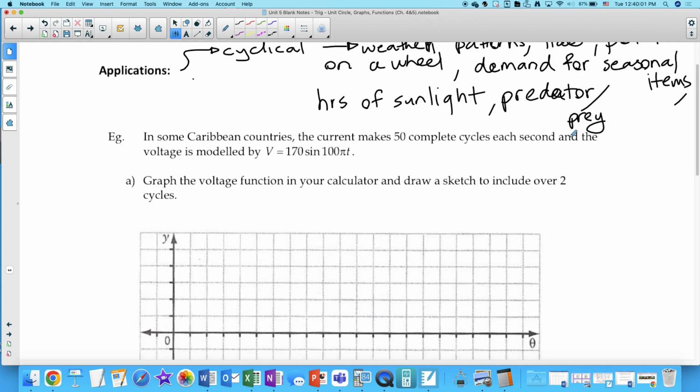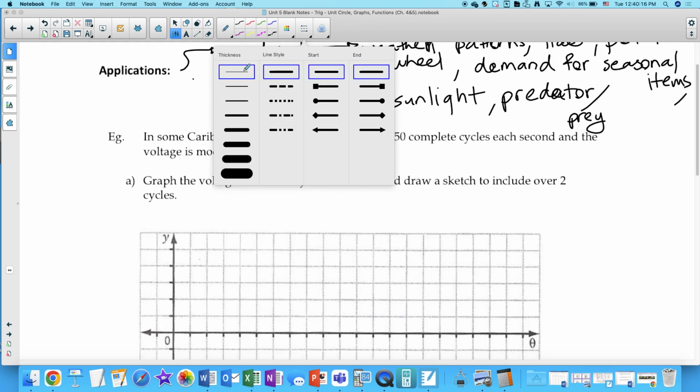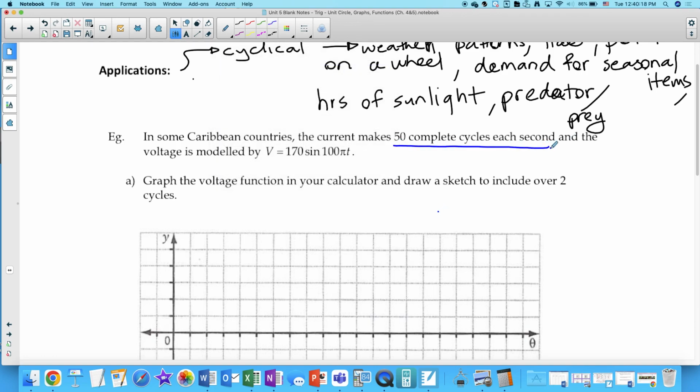So that's one piece of analysis that I'm going to do. And then the other piece is to get the Y window settings, I need to think about the minimum and maximum values. Okay? So first thing I see is this. 50 cycles in a second. So if you get 50 cycles in 1 second, how long is each cycle taking?